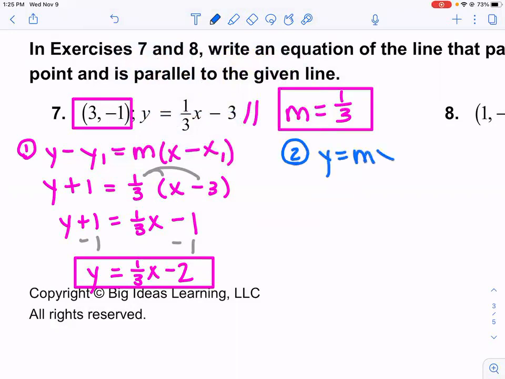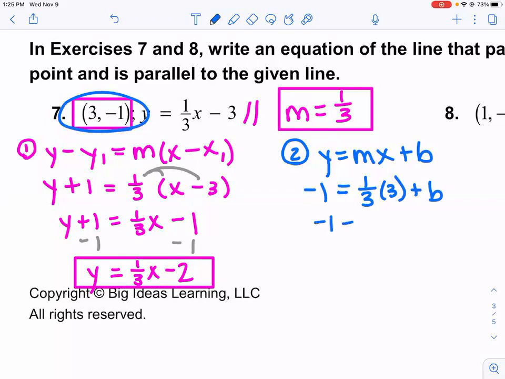We know we want our answer as y equals mx plus b, right? So what we can do is we can say, all right, I know my slope is 1/3, and I know it goes through the point, x is 3, y is -1. How about I put that into my equation and I solve for what my plus b is? Okay, well, what's 1/3 times 3?